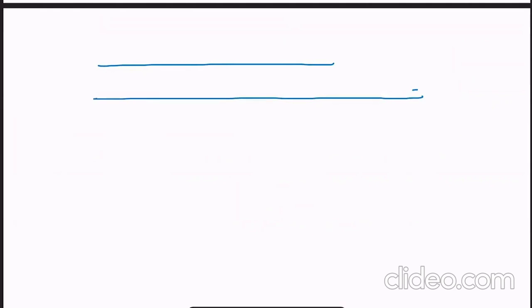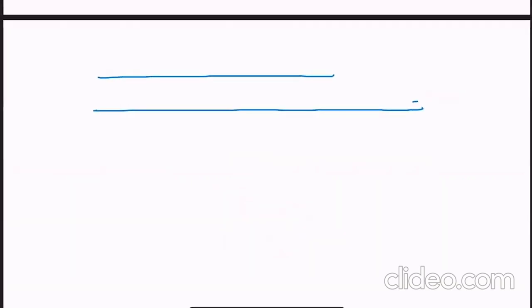When we're taking measurements, we'll say that this is 0. We're looking at a ruler here.